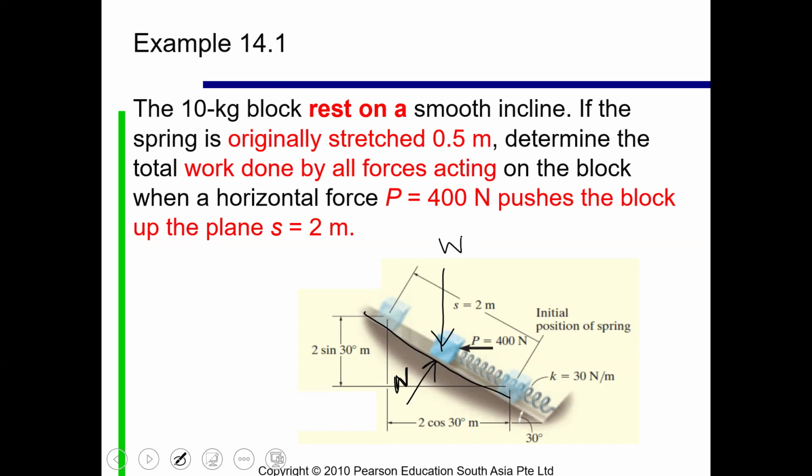If you extend the lines, the weight is acting downward like this. And what should be the angle here with the inclination for the weight? 30. Okay. Then the force 400 is acting in the horizontal direction. What should be this angle, students?